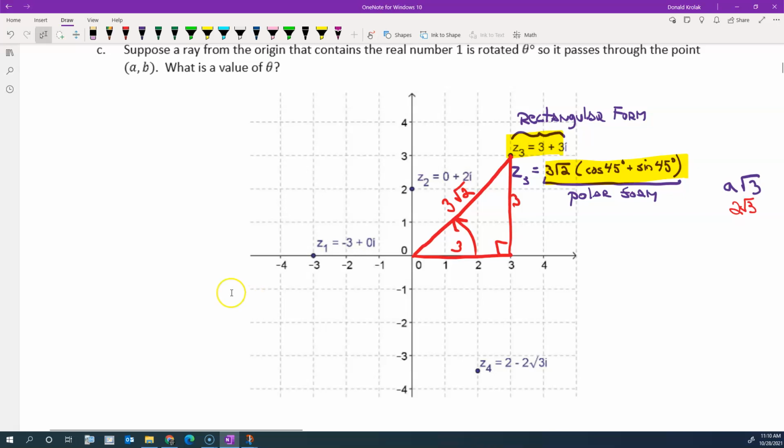Any question on how I'm getting 45? How did I know that was 45? It looks like it's half, okay, but my drawing could be off. What is it about this triangle that tells me it's 45? Cameron?